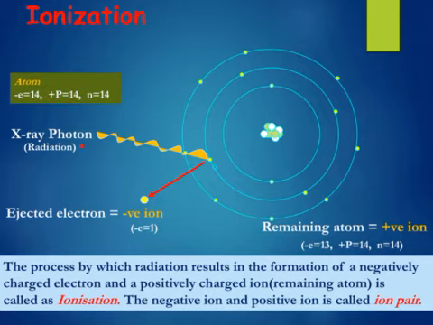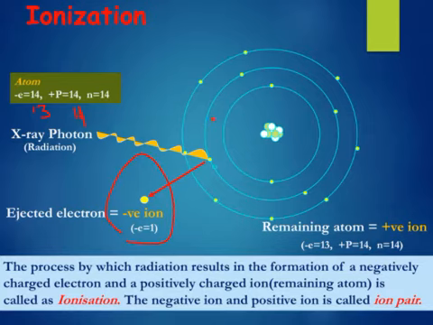If any external radiation, for example X-rays, comes inside the atom and removes one electron from the atom, then it becomes 13 negative charges, and for the positive charge it is still 14. So the plus charge is more, that means the protons are more, so the atom becomes a positively charged ion. And the electron which goes out becomes the negative ion.